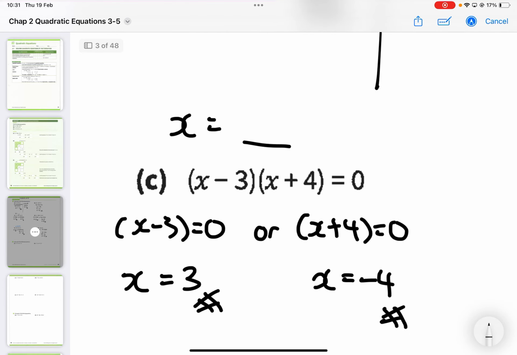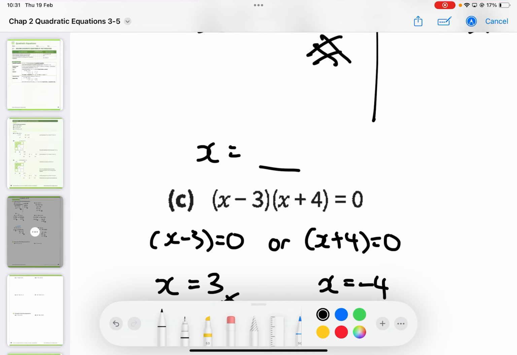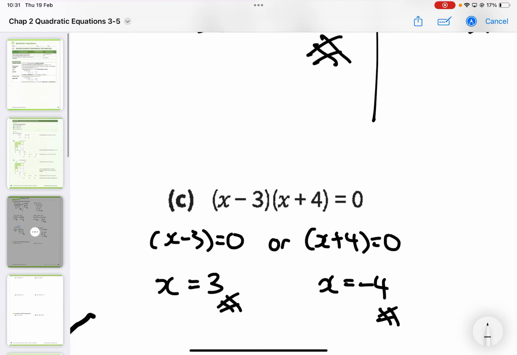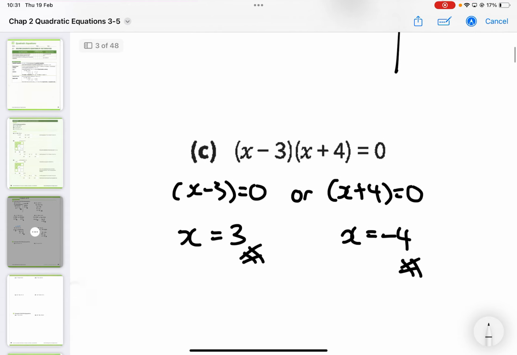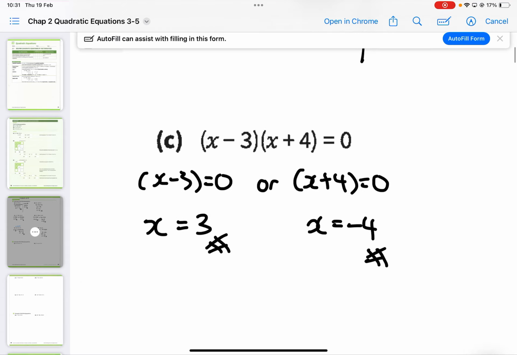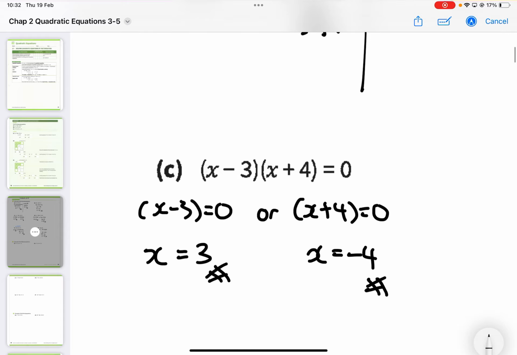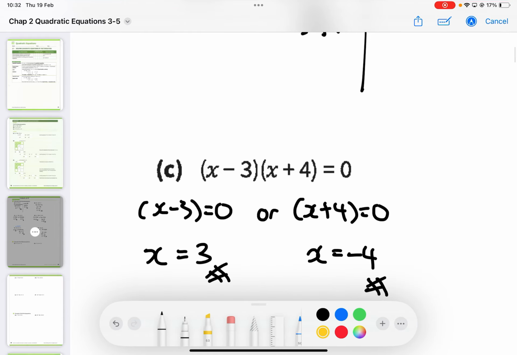Hey, we go back to part C for a while. I want to show you something. Okay. This bracket times this bracket. We take a look here.